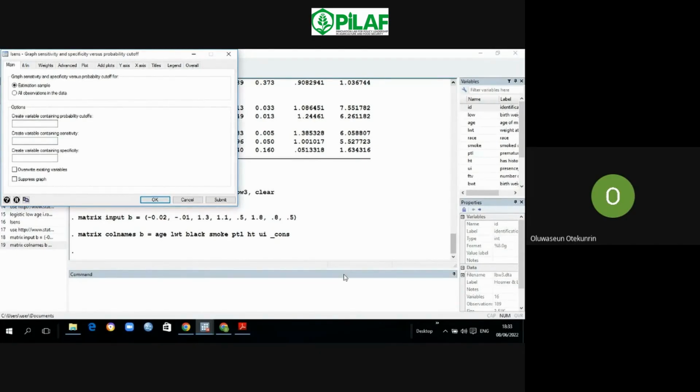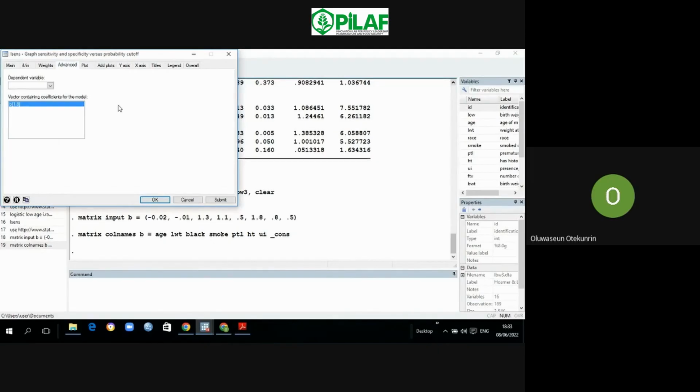You retain the first one, that's under main, estimation sample. Then you now move to advanced. Once you click that advanced, you see that the vector containing coefficients for the model is already highlighted, that there are 8. Yes, 8 coefficients.